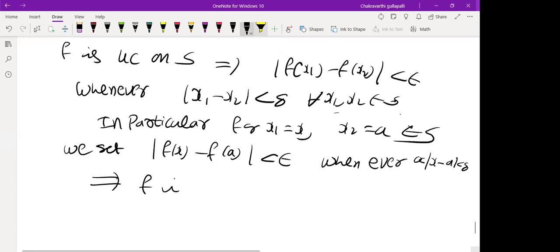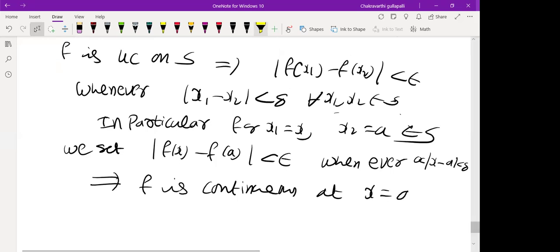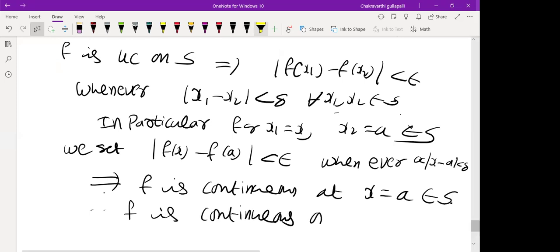If this is satisfied, we know f is continuous at a belonging to S. Therefore, f is continuous on S at every point.